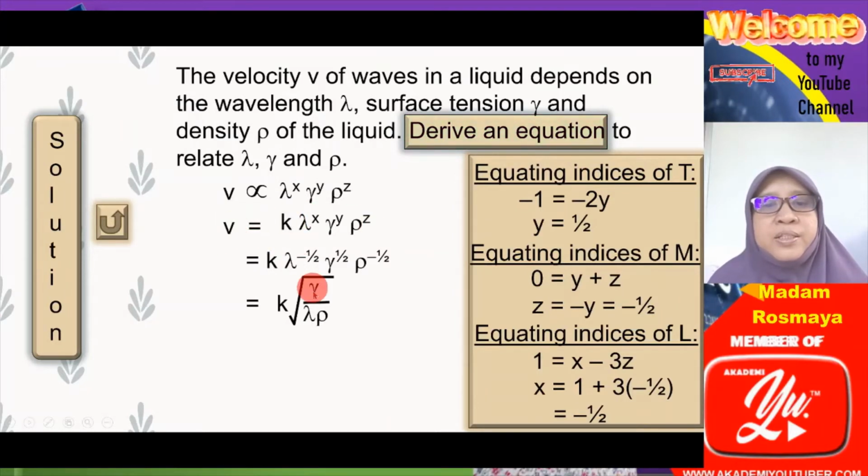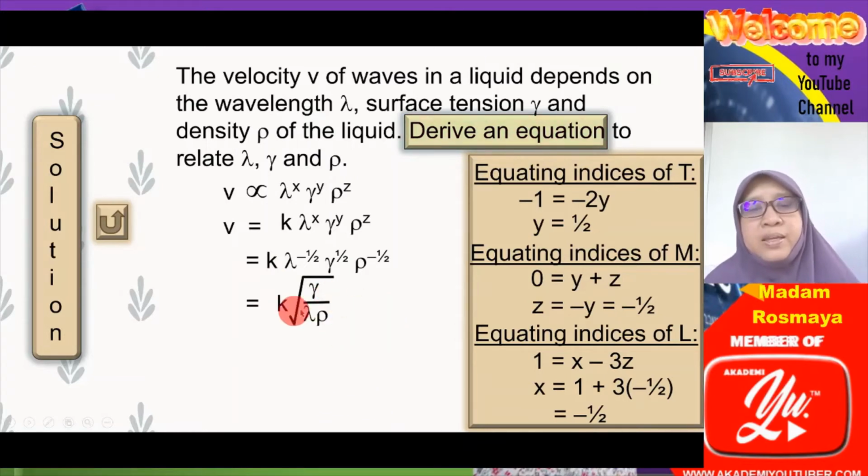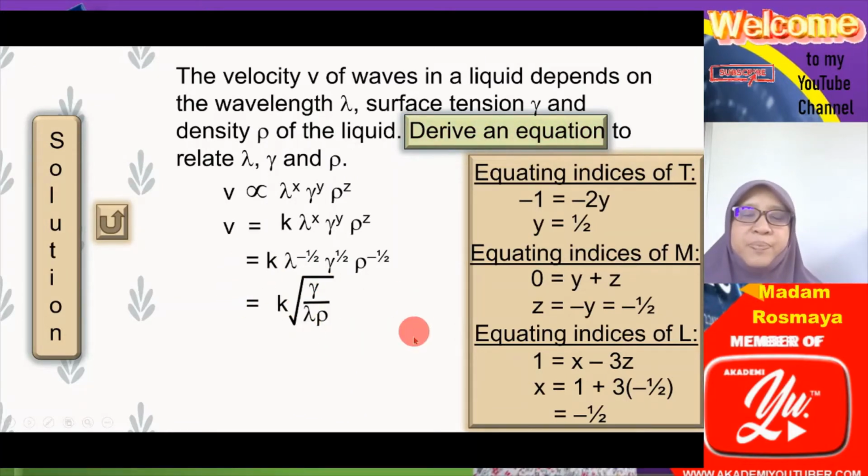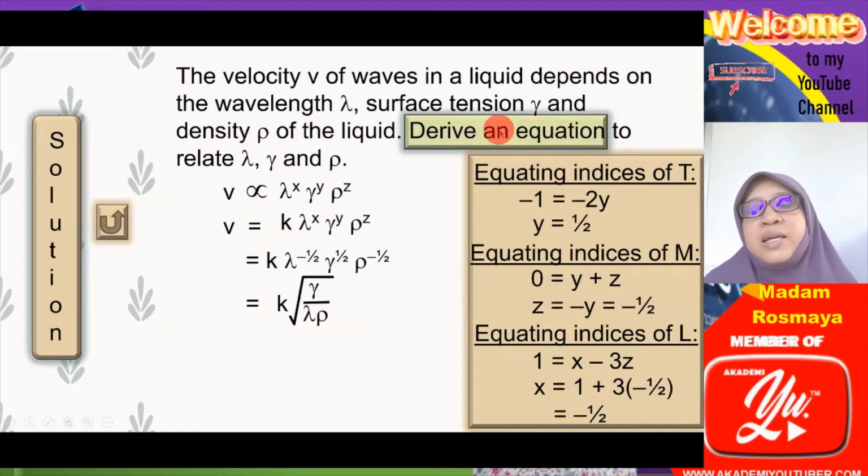V depends on the square root of gamma. For lambda, V depends on the square root of 1 per lambda. And how V and density relate with each other: V depends on the square root of 1 per rho. Okay, this is how they depend on each other. Done for the second part.